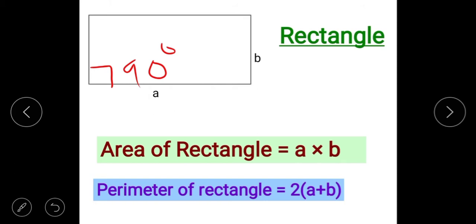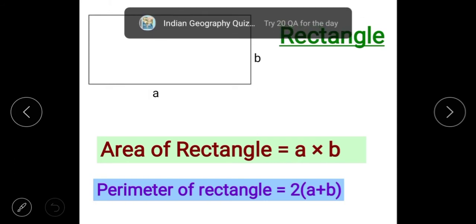Now firstly we are talking about the area and perimeter. The perimeter is the length of the outer line of a shape. Whether it is a rectangle, square, circle, whatever the figure is in front of you, the perimeter is the length of the outline of a shape.